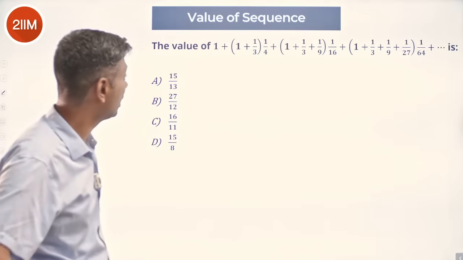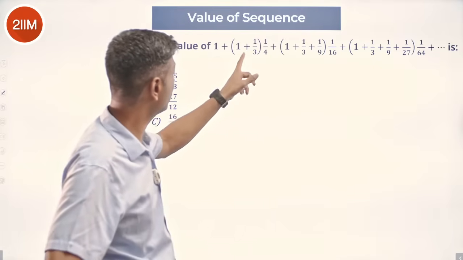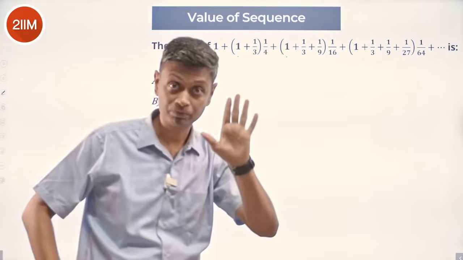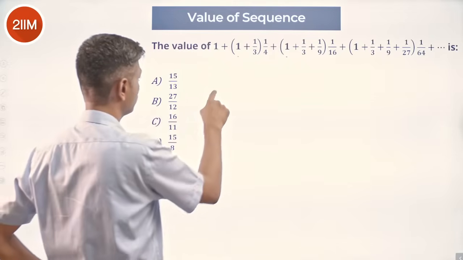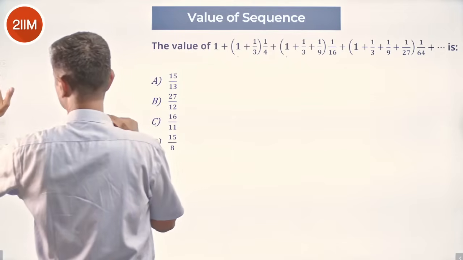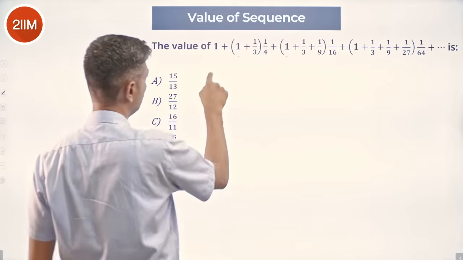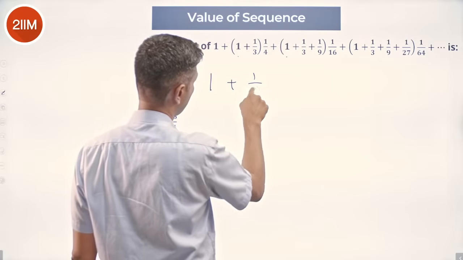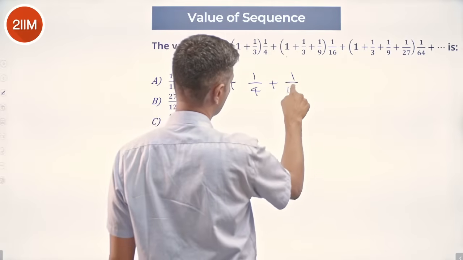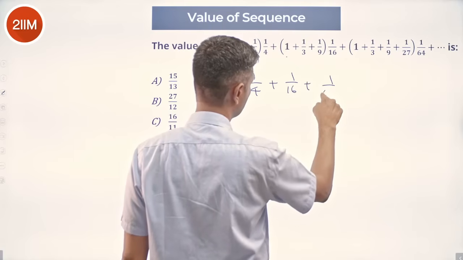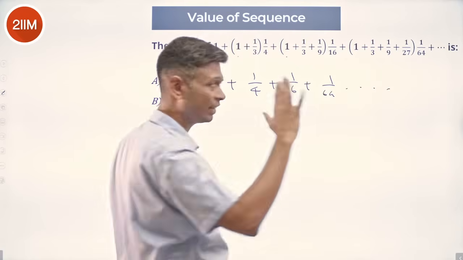I'm going to take the first terms in this sequence and attack them first. So first terms: 1 by 4 plus 1 by 16 plus 1 by 64 and so on infinitely.